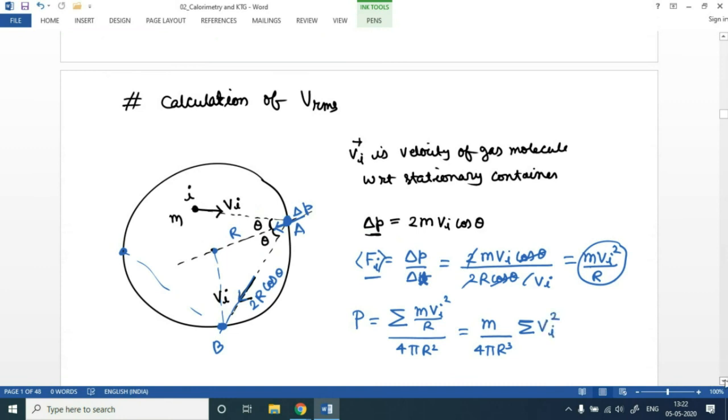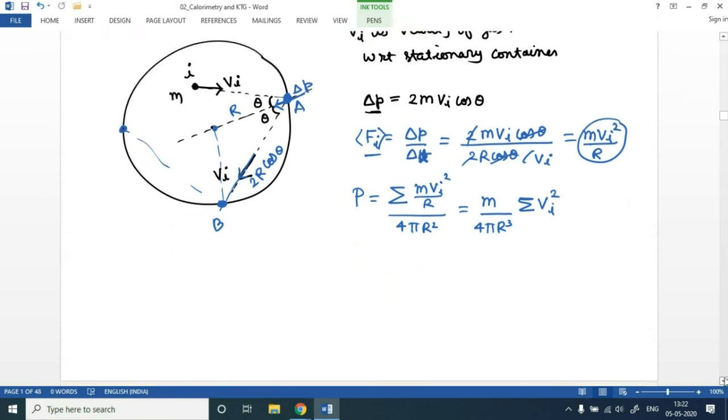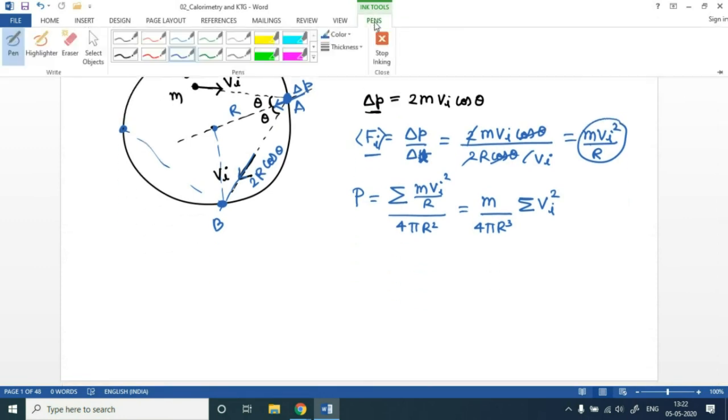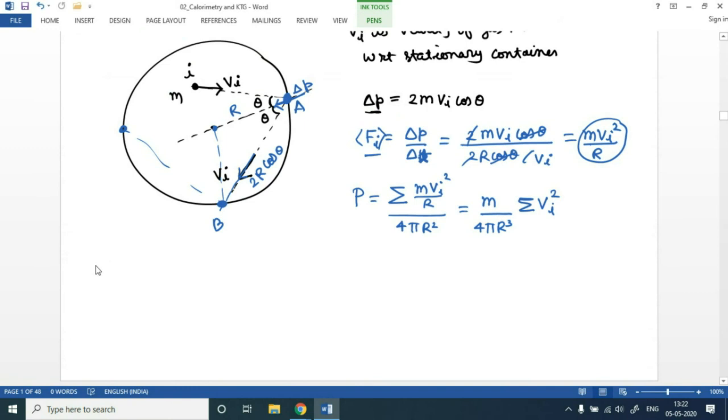Okay, so now it's time for us to define the RMS speed. Let me define RMS speed. So Vrms, that is root mean square speed, that would be, first of all, we will square all the terms. So let's say summation of vi square, and then we will take the mean of it by dividing it by the total number of gas molecules, and then we will take the root of it.